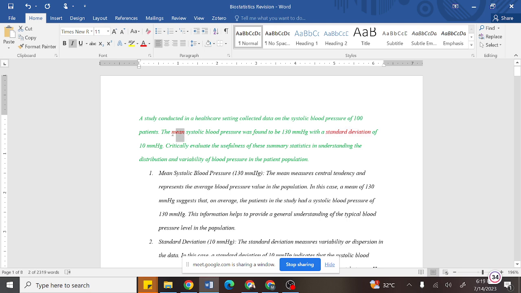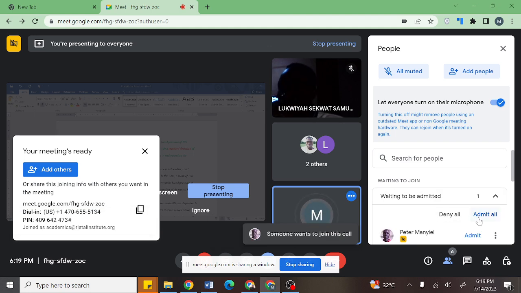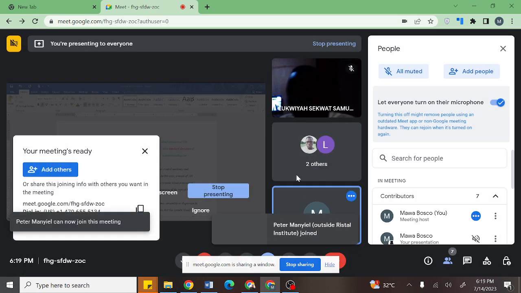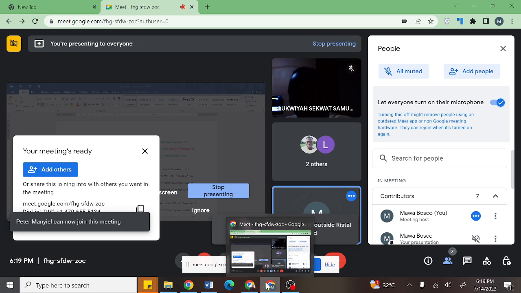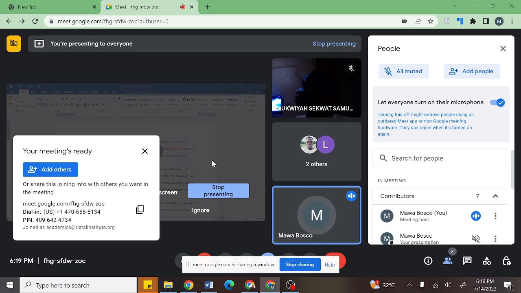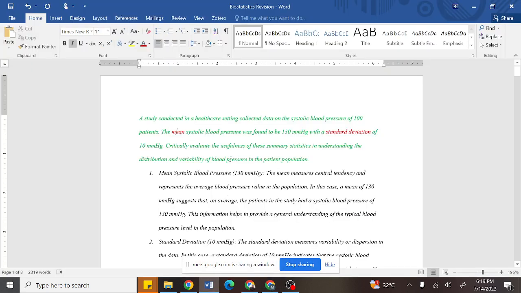These are the two things that they actually needed: understanding what mean is and its usefulness, and then also understanding standard deviation and also its usefulness. Okay, so that is why the question is that you need to critically evaluate the usefulness of the summary statistics.